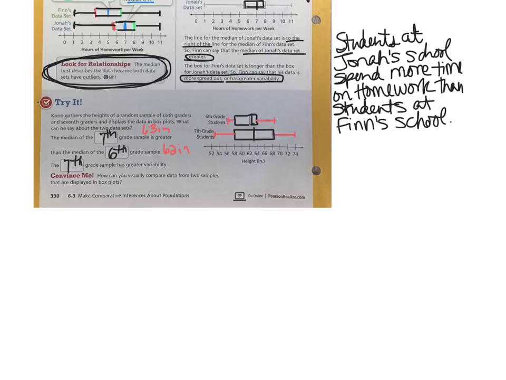We also notice that the 7th grade sample has greater variability, and you can see that when you look at the box plot because that data is more spread out than the 6th grade sample. The box that represents your first quartile, your median, and your third quartile is much larger than the box for 6th grade. So we do notice that it has greater variability.